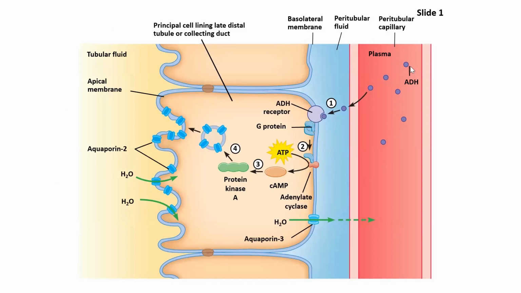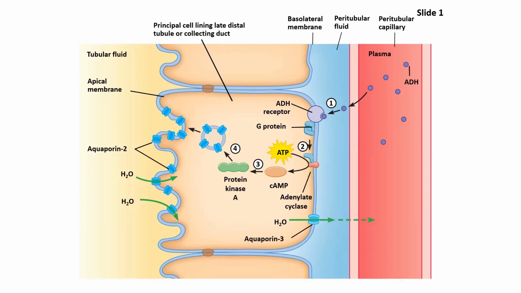So again, we have ADH being secreted into our plasma. Just to go through the backstory of where this ADH is coming from, if we remember our pituitary from last semester, it had an anterior part and a posterior part. The posterior part is what was releasing ADH, right? This is also called vasopressin or antidiuretic hormone.